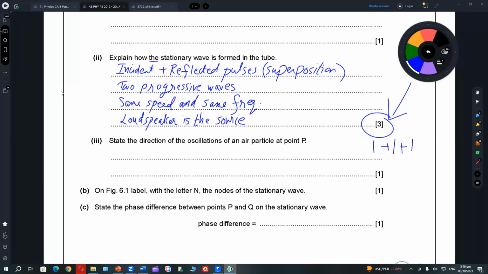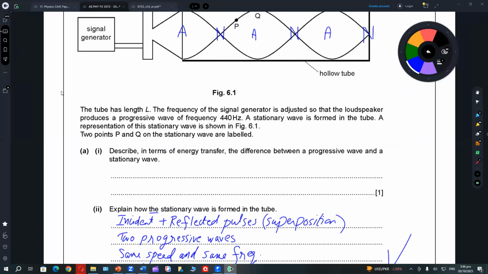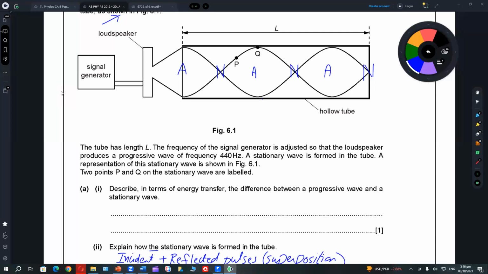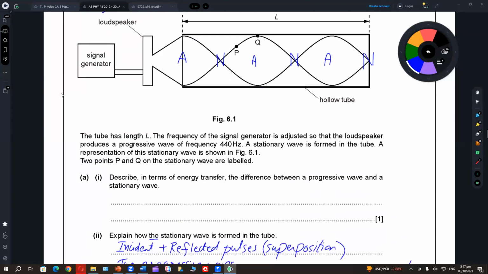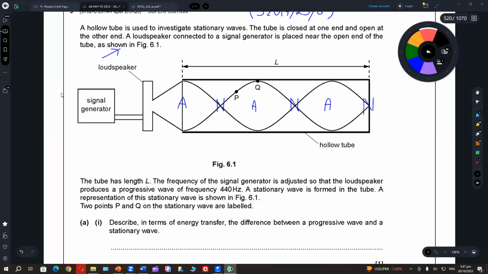State the direction of the oscillation of an air particle at point P. P is between node and antinode on the stationary wave. Look at the oscillation.